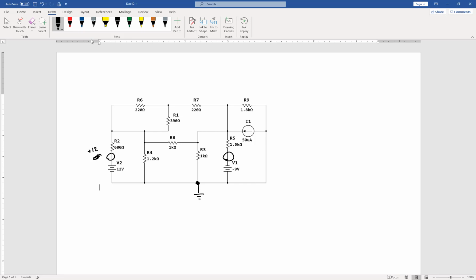It's a source labeled with this polarity, and the voltage value is negative. So whenever the number is negative, that means you have to flip the polarity and make it positive. So this source would be the same as that arrangement right there.